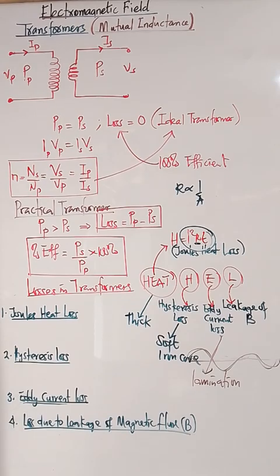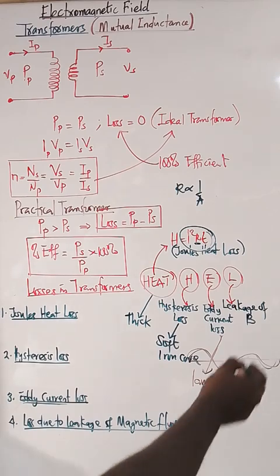If you do special coil winding, it reduces the lines of induction that do not pass through the iron core. So by doing special coil winding, we can reduce loss due to the leakage of magnetic flux. A transformer has very high efficiency if all these losses can be prevented or reduced.